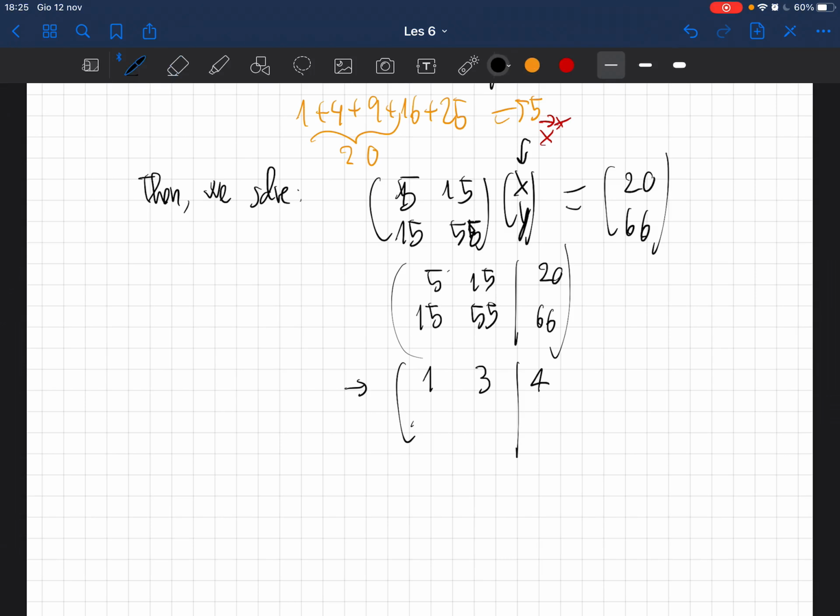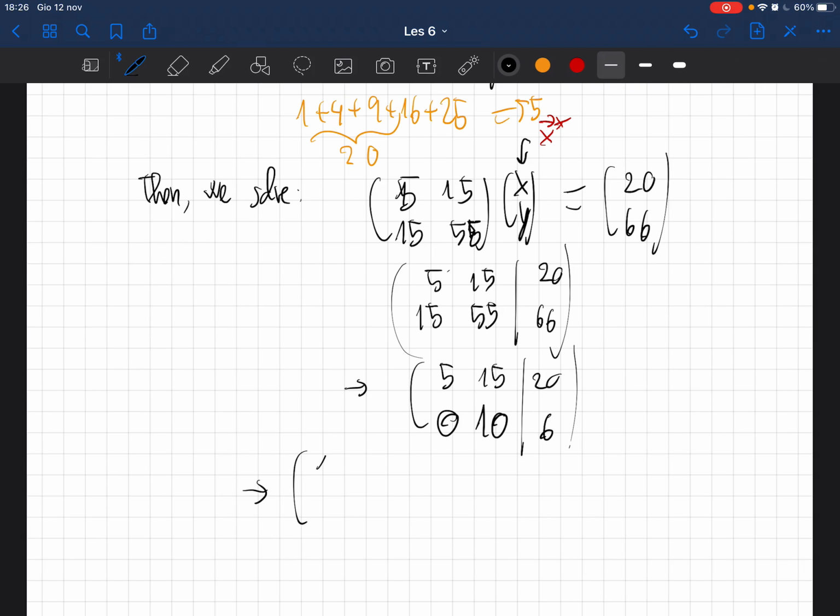No, you can't, sorry, whatever. 5, 15, 20. And here, yes, 3 times this, so 0, 10, I hope. And this should be 6. Hopefully it's correct. Okay, so now we can divide the first.